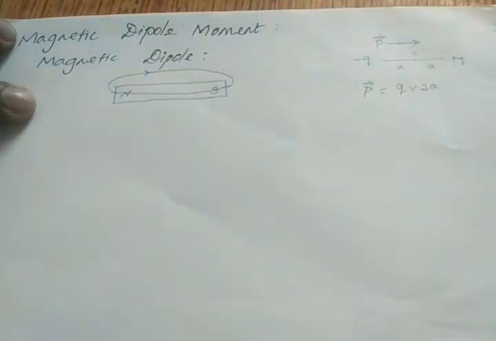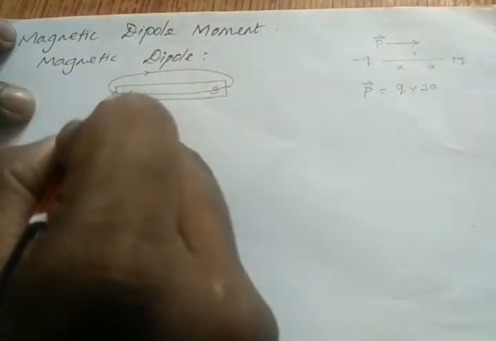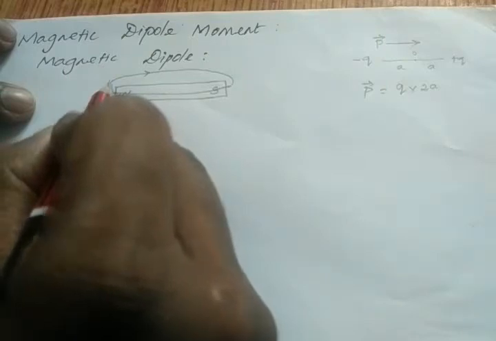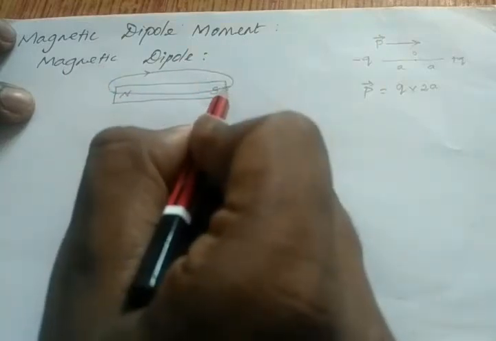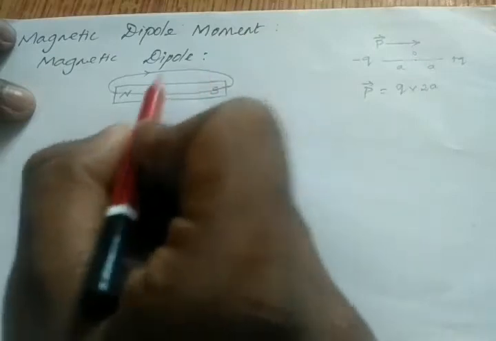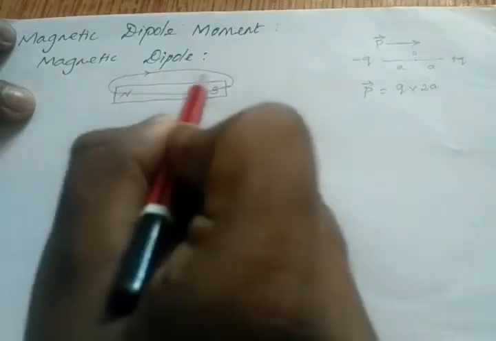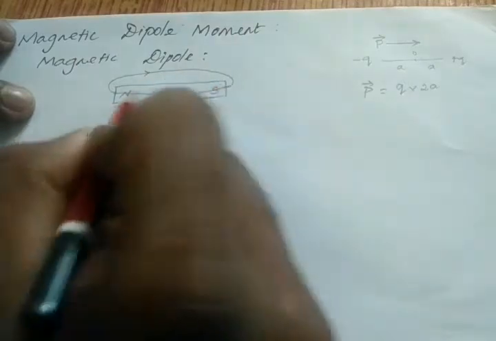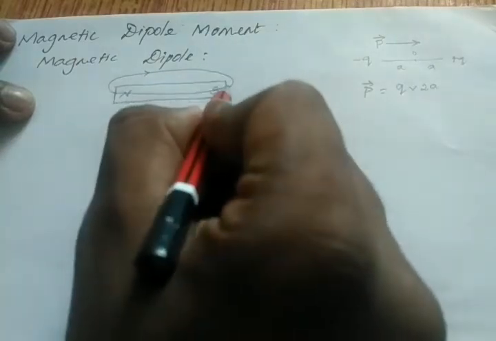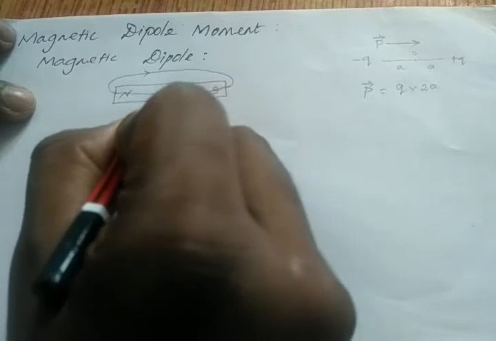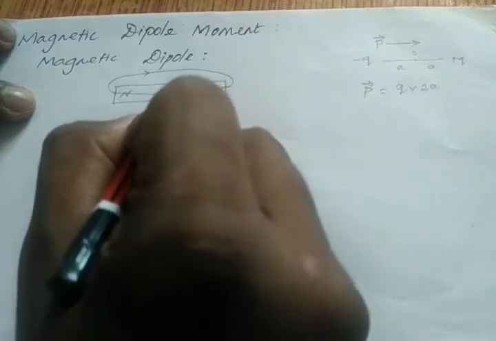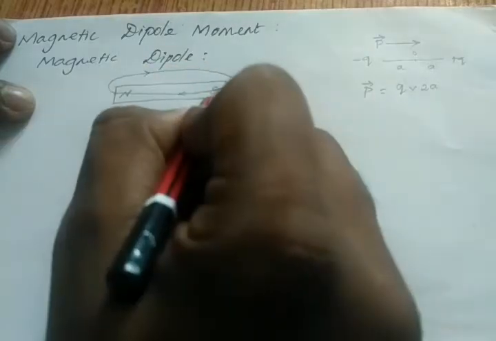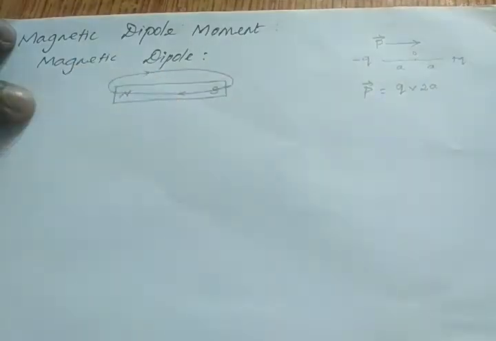If you look closely, the magnetic field lines which emanate from the north pole end at the south pole outside the magnet. But inside the magnet, the field lines come like this. So it seems the magnetic field lines inside the magnet start from the south pole and end at the north pole.